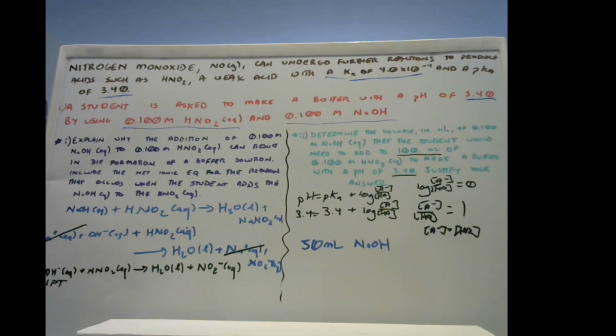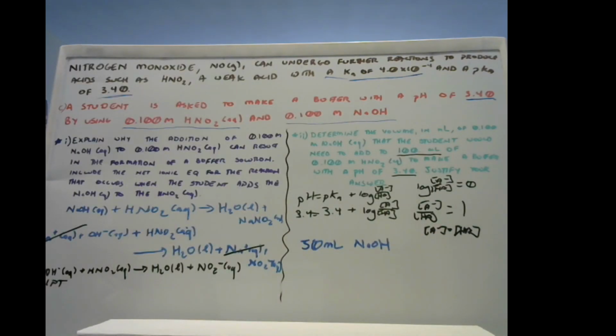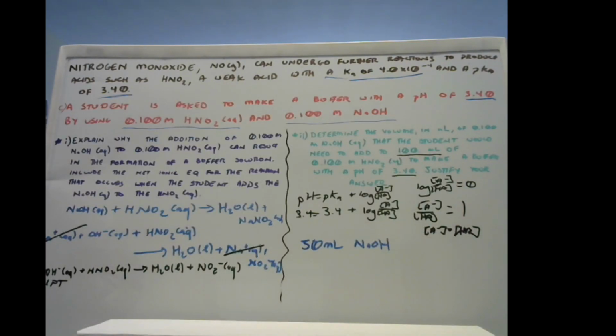Okay. When half of the HNO2 is converted to the conjugate base, the concentration of HNO2 will equal the concentration of NO2 minus. Therefore, the buffer will have a pH equal to pKa. Or go back to Henderson-Hasselbalch and go, okay, well, if this is going on, your pH will equal your pKa when these two are equal.